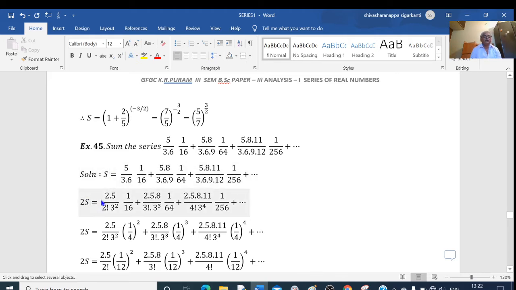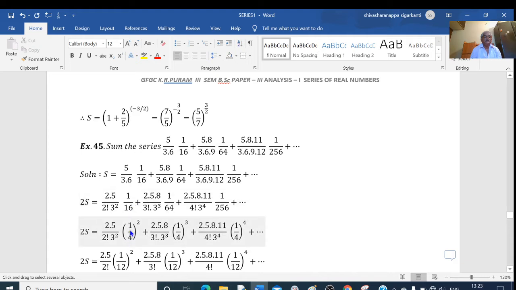That is left hand side 2s is equal to 2 into 5 divided by 2 factorial into 3 square into 1 by 16. I will keep this as it is, plus 2 into 5 into 8, denominator 3 factorial into 3 cube, into 1 by 64, plus 2 into 5 into 8 into 11 divided by 4 factorial into 3 raised to 4, into 1 by 256. So this is our 2 into 5 divided by 2 factorial into 3 square.